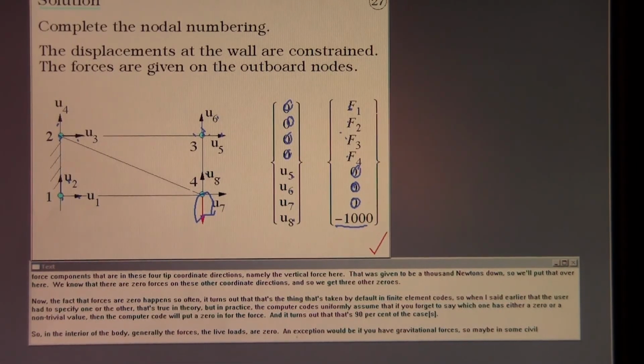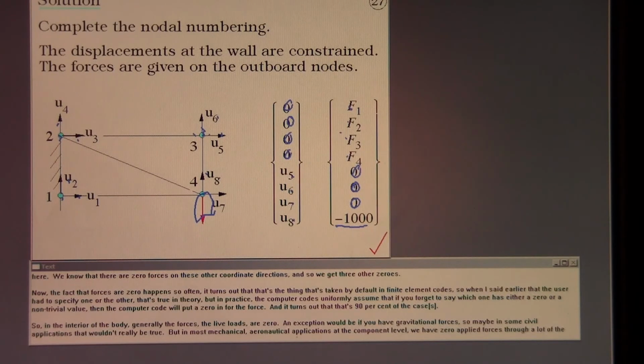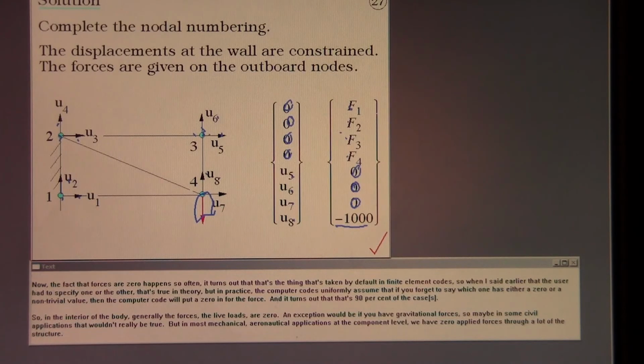So when I said earlier that the user had to specify one or the other, that's true in theory, but in practice, the computer codes uniformly assume that if you forget to say which one has either a 0 or a non-trivial value, then the computer code will put a 0 in for the force. And it turns out that that's 90% of the case.